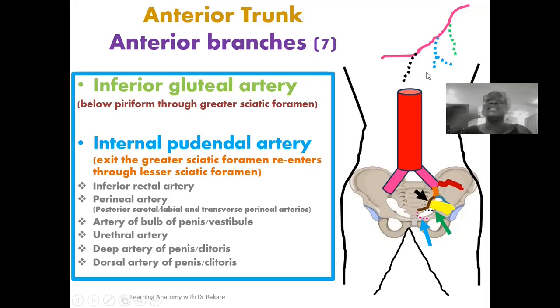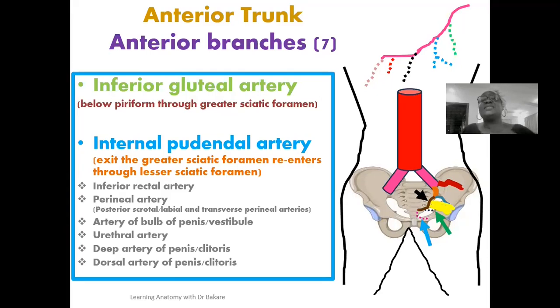So you see that as these branches emerge, they follow the alignment of the structures located along that path. The next artery you have is the urethral artery. This urethral artery is a very short artery, and you see it supplying the wall of the urethra. And we know that the urethra will emerge from the root of the penis. Then the next one is the deep artery of the penis, or the deep artery of the clitoris.